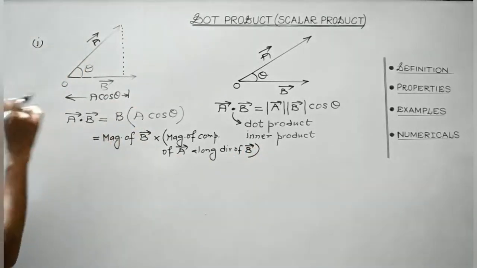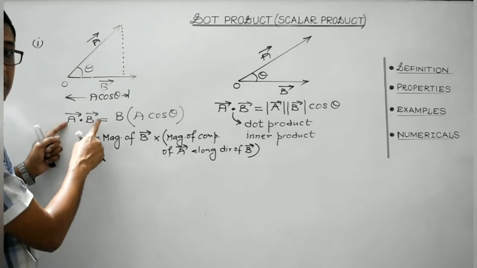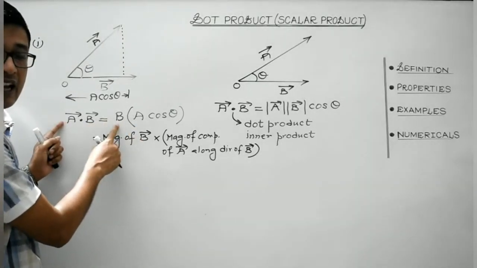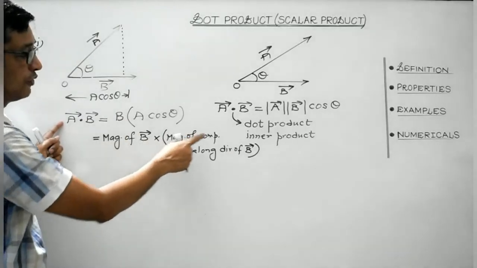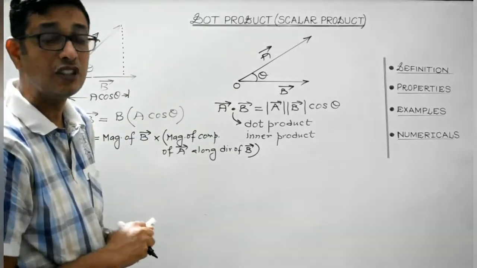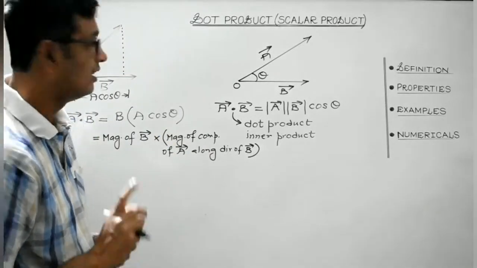So this is how you can define the dot product. The dot product of A vector and B vector may be defined as the product of the magnitude of B vector and the magnitude of the component of A vector along the direction of B vector. So this is another way of defining the dot product of two given vectors, right?